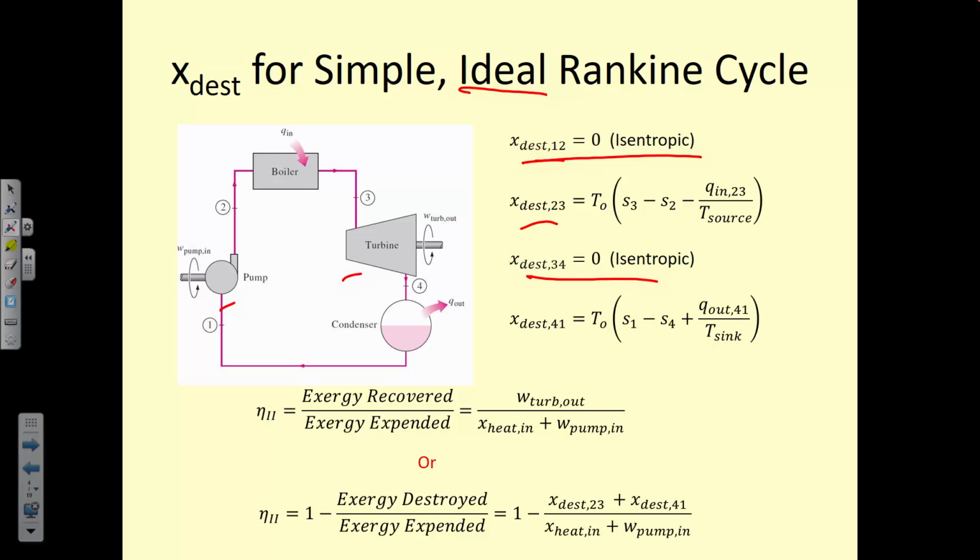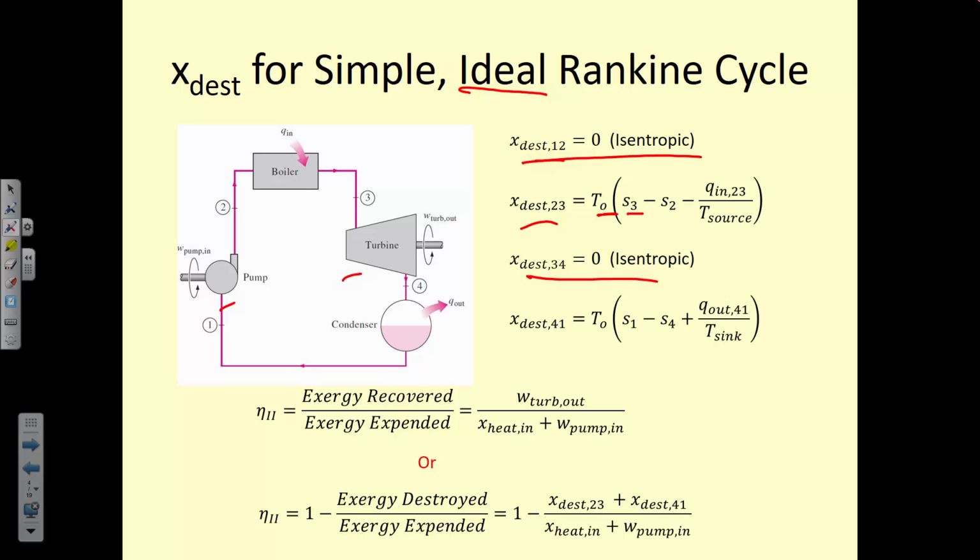The exergy destruction from state 2 to 3 is going to be equal to T naught, which is our dead state temperature, and that should be given in the problem, or if it's not given, what do we assume? Yeah, 25 C or just 300 Kelvin. Okay, so just room temperature.